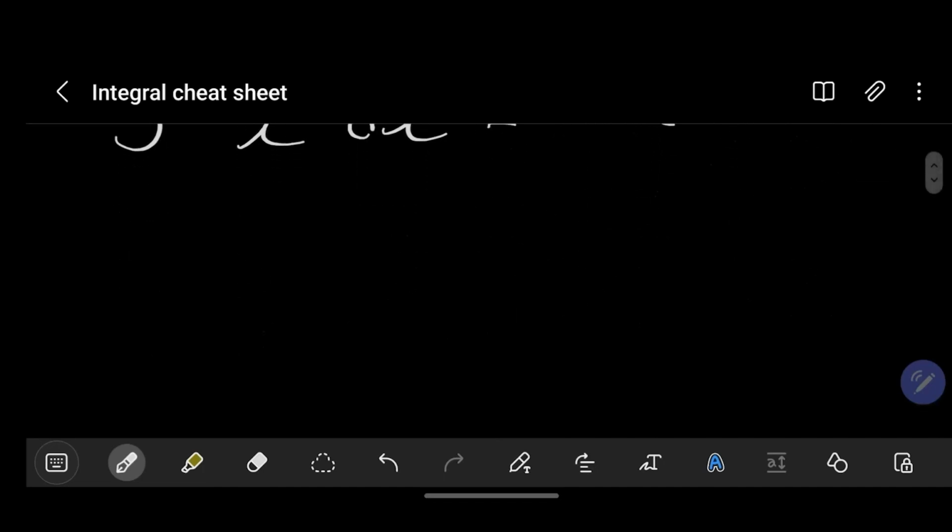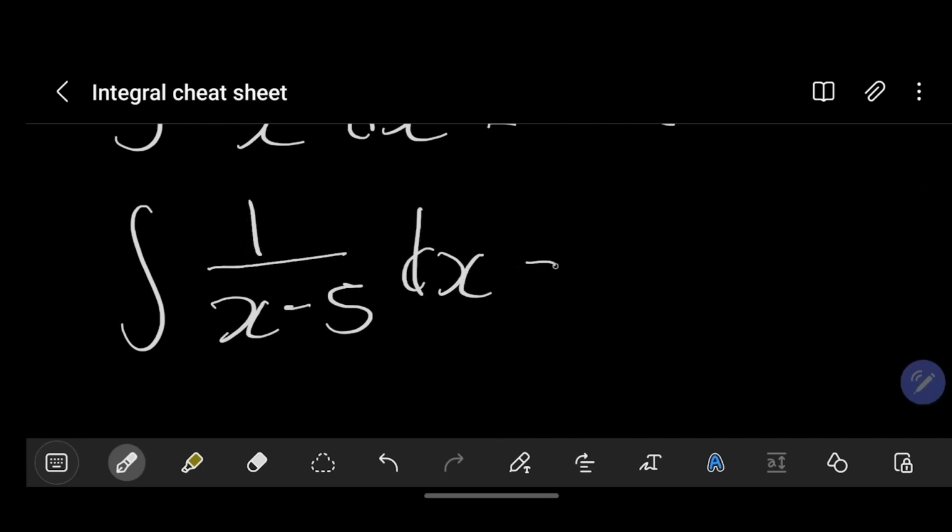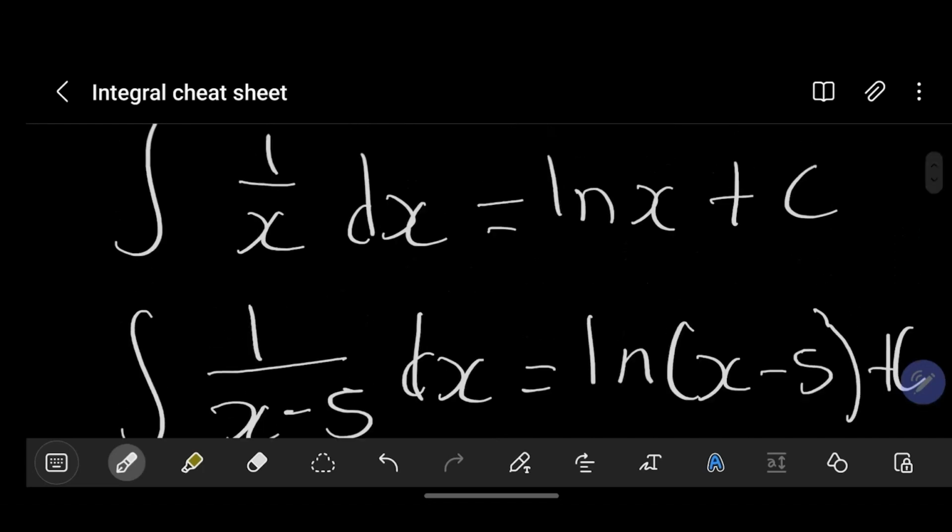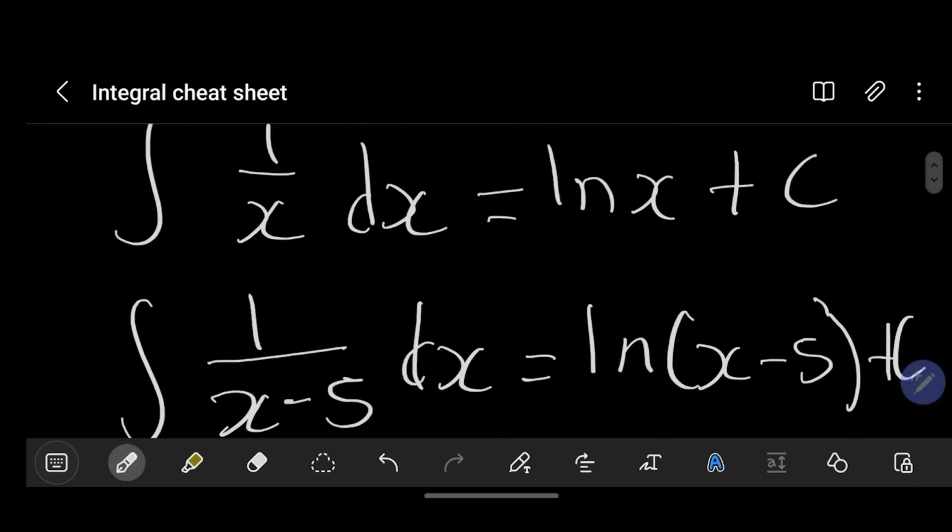If we do the example of the integral of 1 over x minus 5 dx, that is then equal to ln of x minus 5 plus c. Okay, so this is basically the reciprocal rule, and that's a good example of how we use the reciprocal rule.